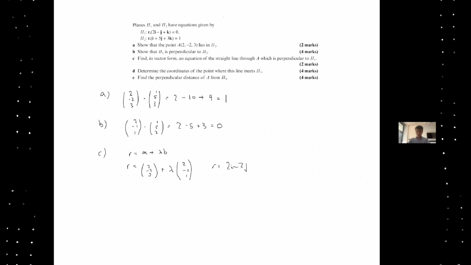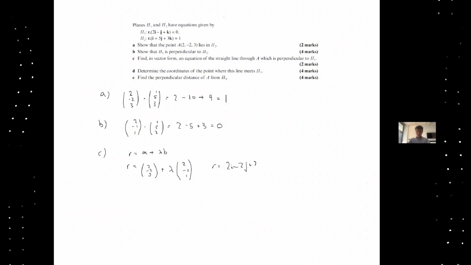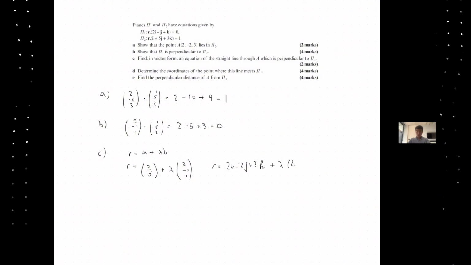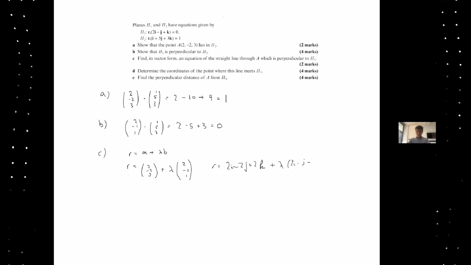And we're done. That's part C. This is written in column form. If you want to write this in vector form, you can write it simply as r equals 2i minus 2j plus 3k plus lambda, then 2i minus j plus k. Okay.